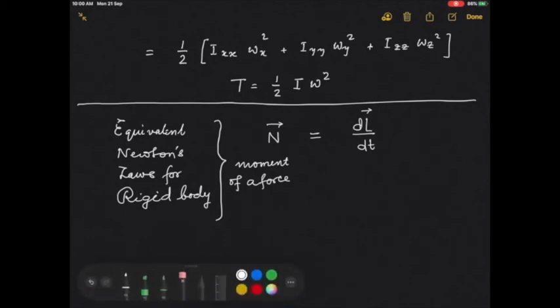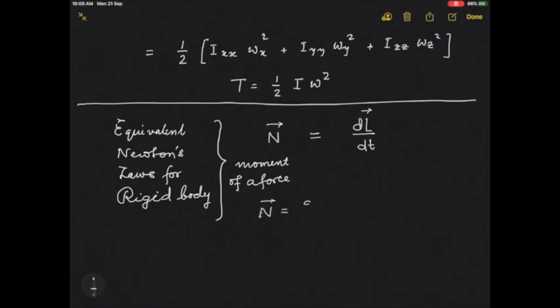And I can use now my time derivative formula if I want to write these things with respect to the space set of axes. So N equals, I want to write this in terms of the space set of axes.